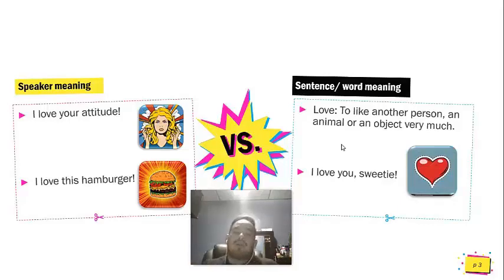On the other hand, we have the sentence, "I love you, sweetie." A sentence, referring to semantics, is the union of different word meanings to get a more complex meaning and to convey a message. In this case, "I love you, sweetie" is a reference that I really like a lot the person I am talking to.